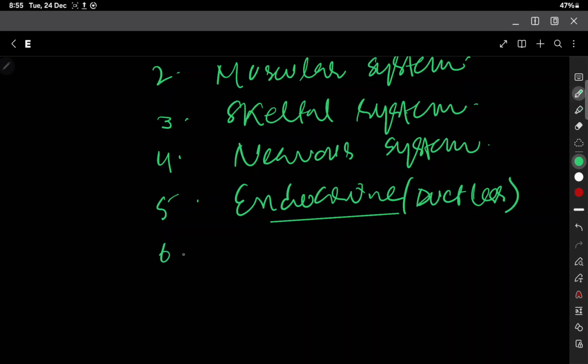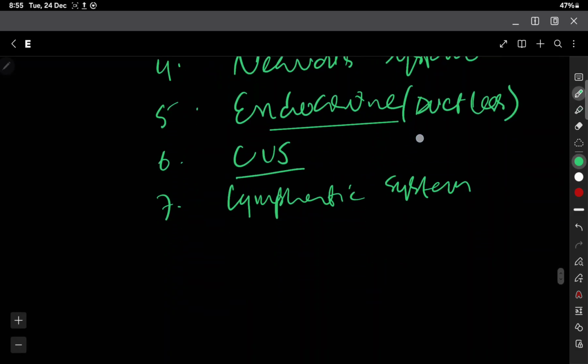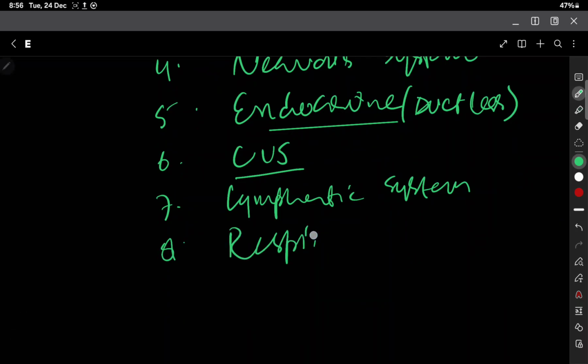Okay, then there is sixth one, cardiovascular system, where we will be studying about the heart and the blood vessels. Then there is lymphatic system, where we will be studying about the lymph, lymph nodes, spleen. Then there is respiratory system, where we will be studying about the lungs, the breathing and all, exchange of the gases.